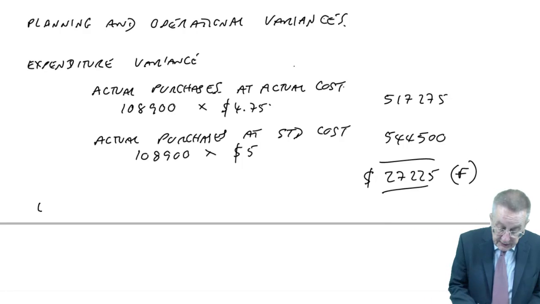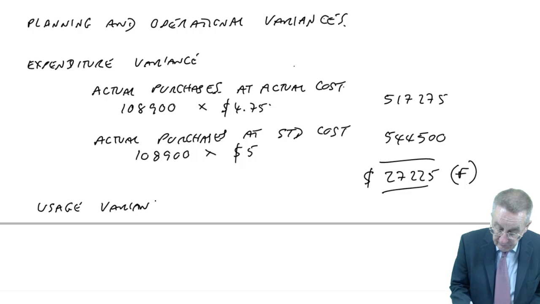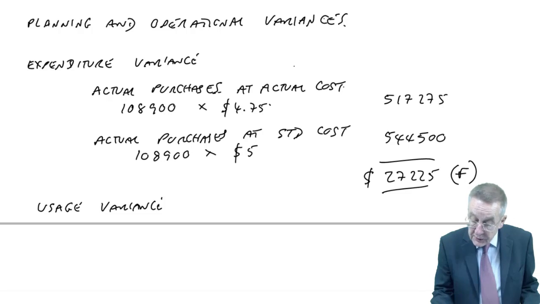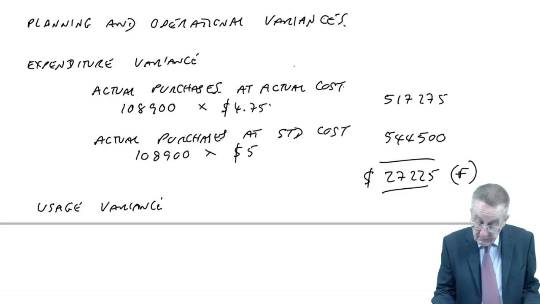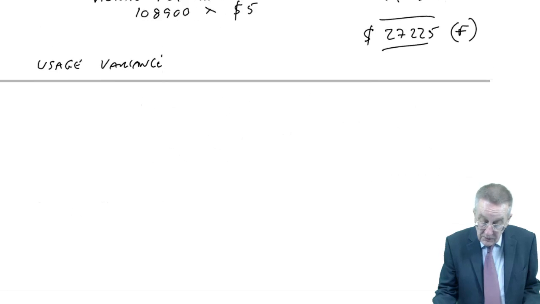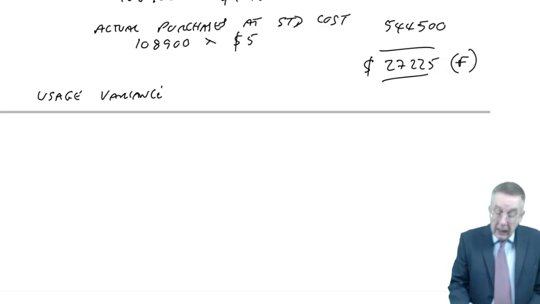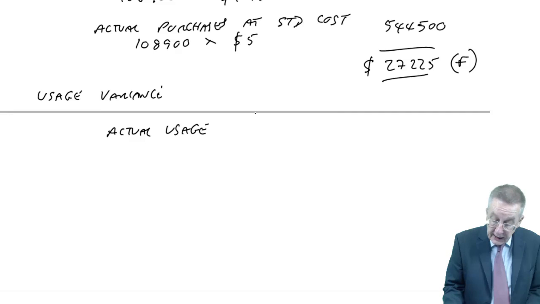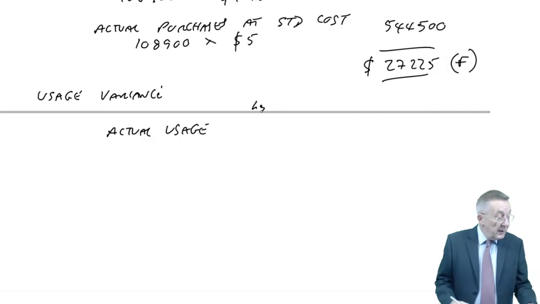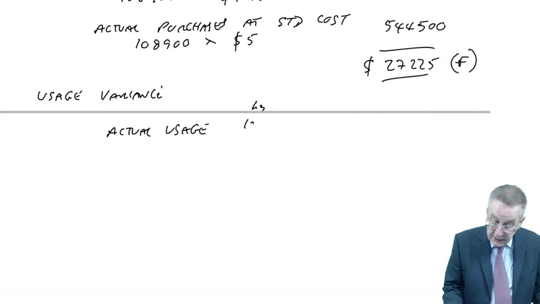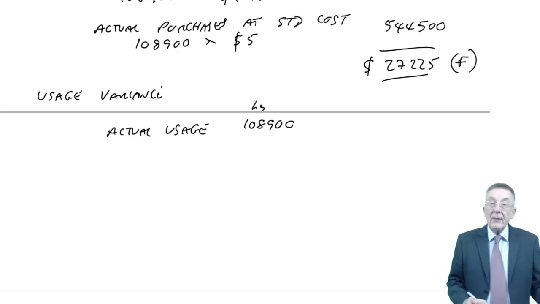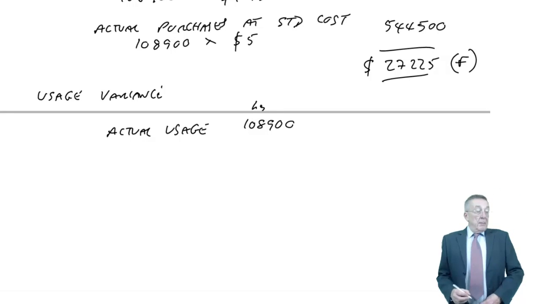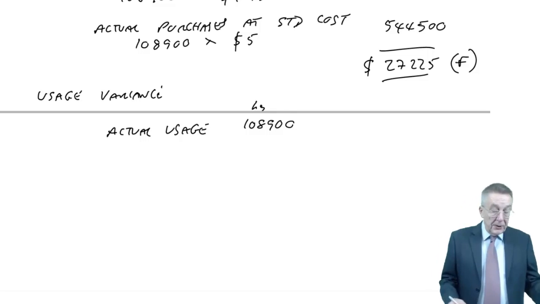What about the usage variance? For the usage variance, we take the actual usage in, what have we here, kilos. So in kilos, we actually used 108,900. And remember, no point in comparing with the budget because we produced more.